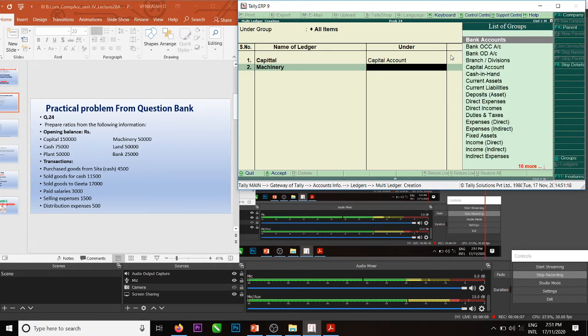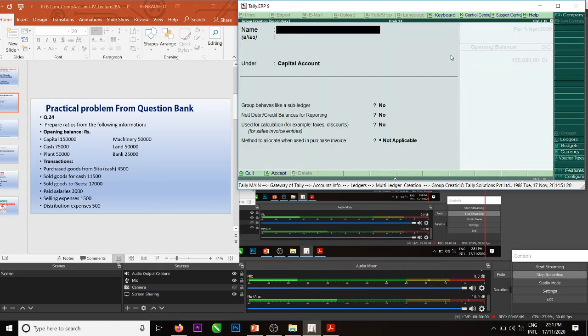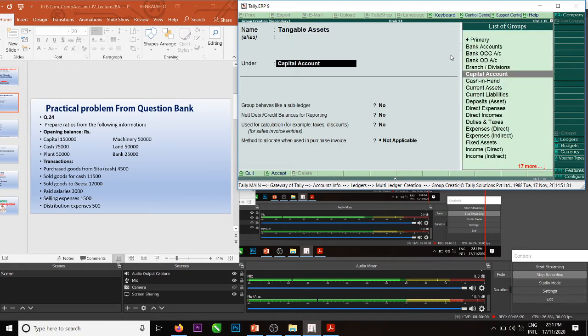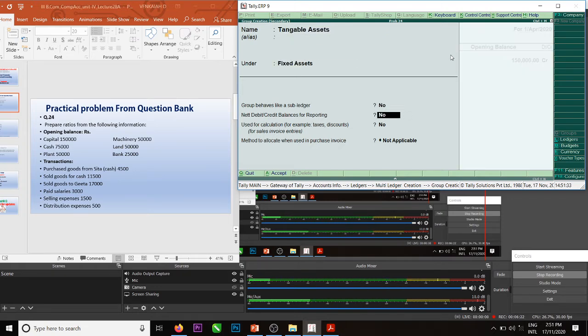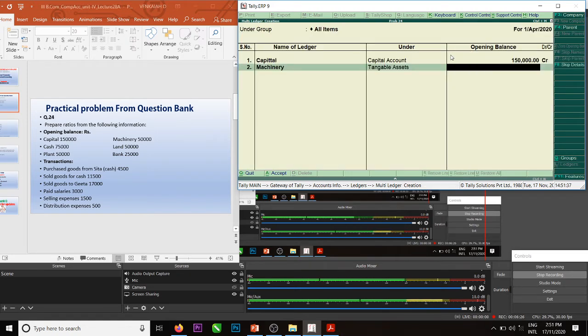We will try Alt C. Tangible assets: a new group we are creating under fixed assets. It will be displayed against groups. Yes, tangible assets. Machinery is 50,000.